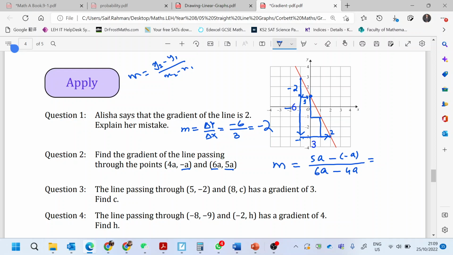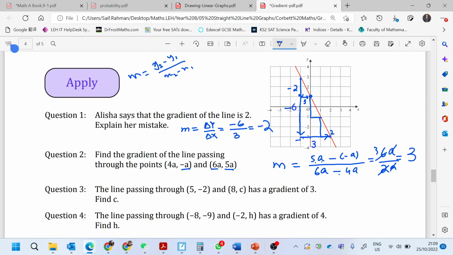So you can solve this equation. Minus minus is plus. 5a plus 1a is 6a, divided by 6a minus 4a is 2a, right? So here a and a cancel out. 2 ones are 2, 2 threes are 6. So the gradient is 3.